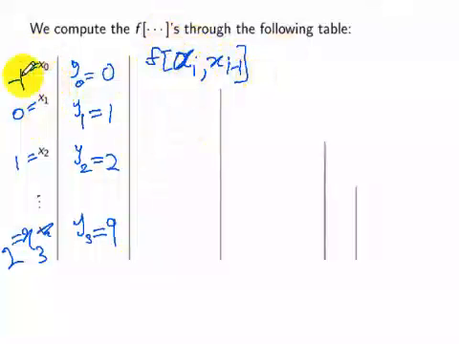So we consider these 2 neighboring points. Now we have to consider the corresponding y values and take the difference: 1 take away 0 divided by 0 take away -1.